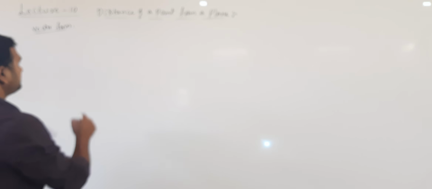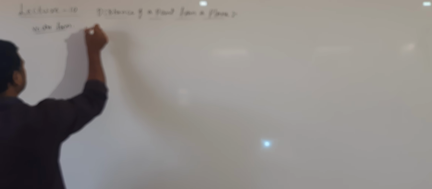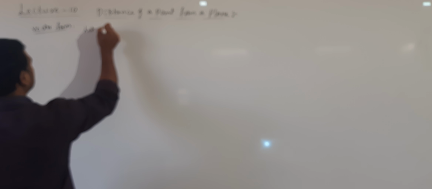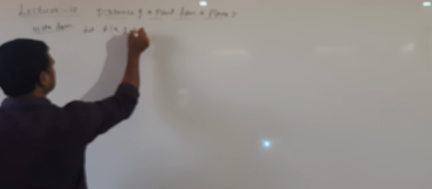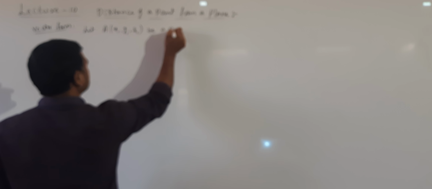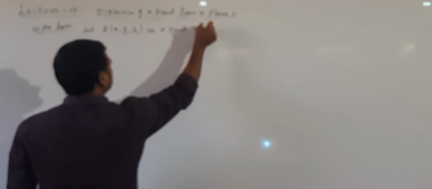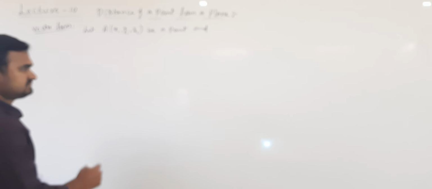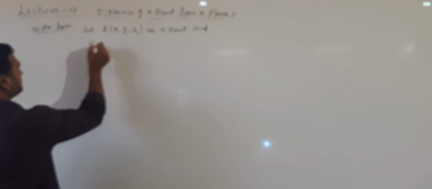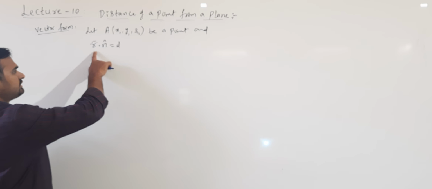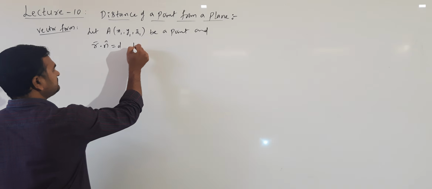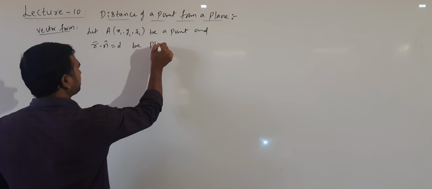So let us take the point A(x1, y1, z1), and the plane equation we are taking as r bar dot n cap is equal to d. I will consider the plane in normal form.